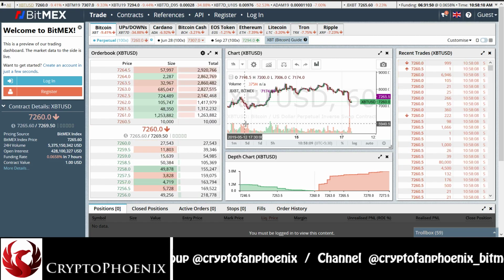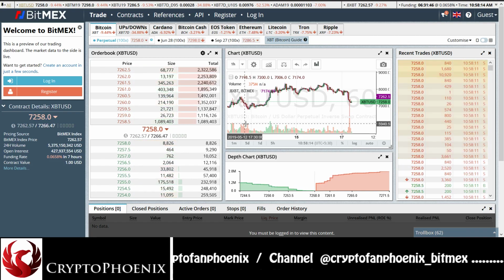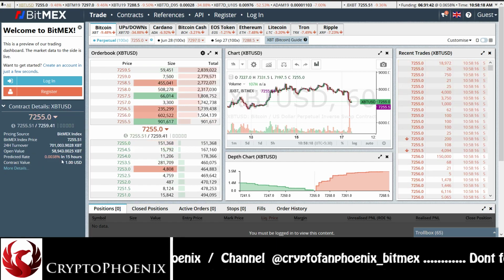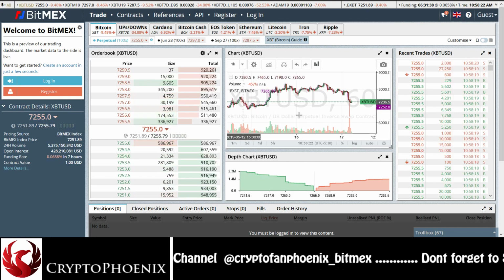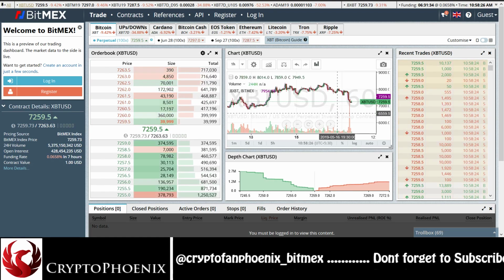Basically, if it's positive, more people are borrowing money to enter long positions, and if it's negative, shorters are borrowing money to short or sell much more BTC at this instance.